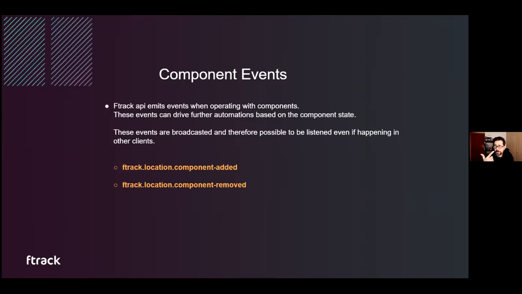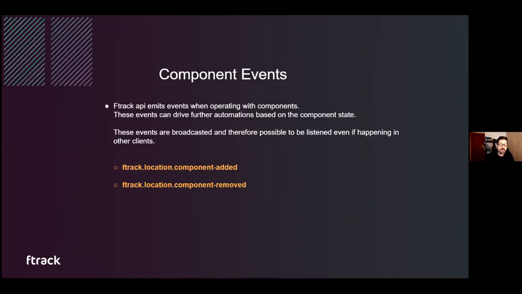So, for example, you can trigger a transfer between two remote locations, say from an Amazon cloud to the ftrack centralized storage scenario, without having access to those, because you can access these events and react to them if you need to.